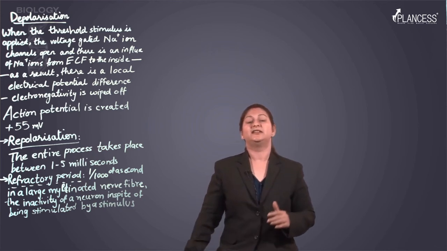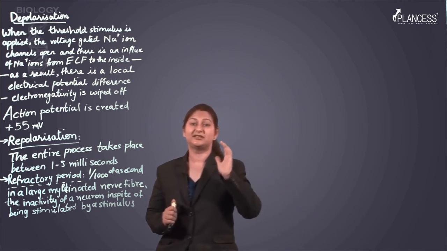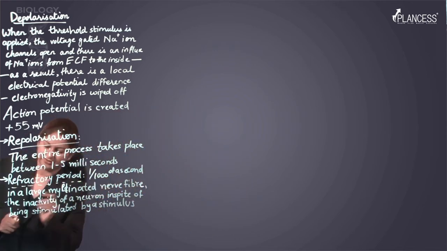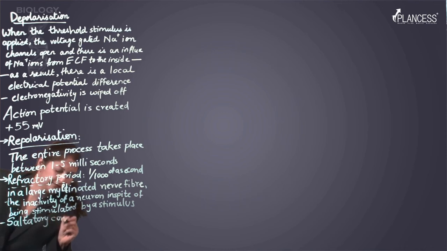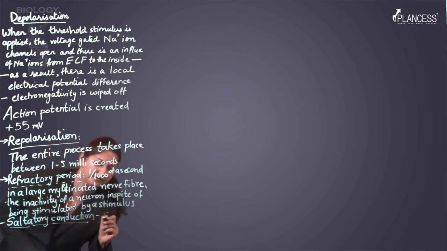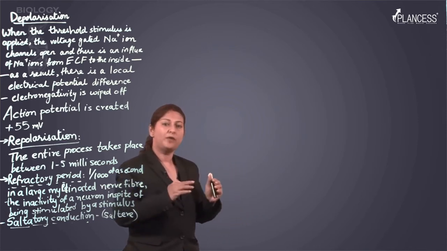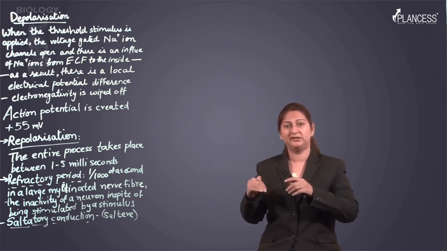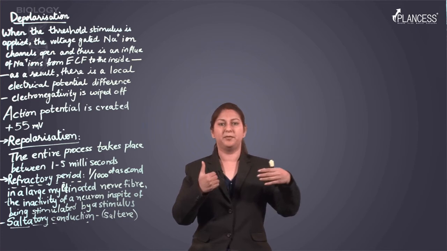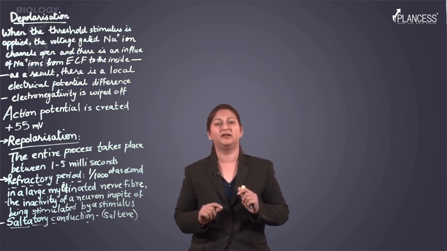And then there is something called saltatory conduction here. Now this word is taken from a Latin word, saltare. So saltare means to hop or to jump, and this has shown that the nerve impulse is faster in myelinated nerve fiber.